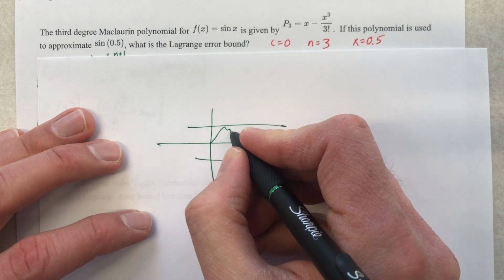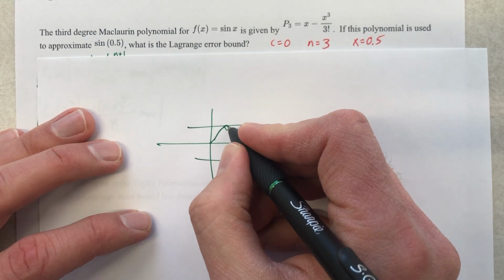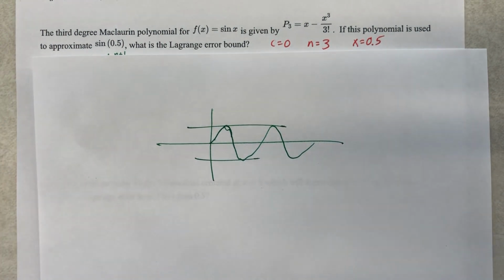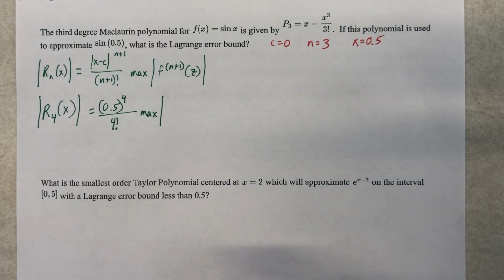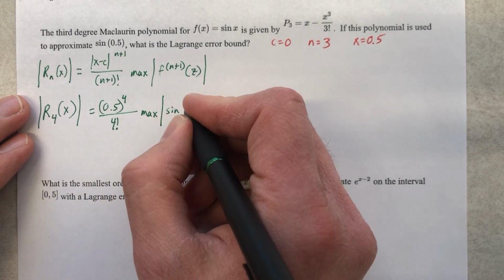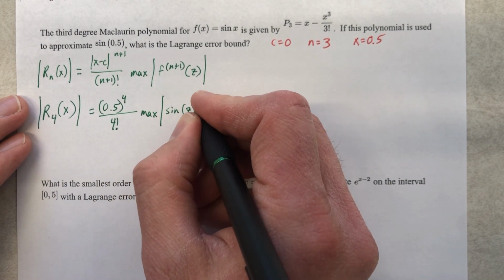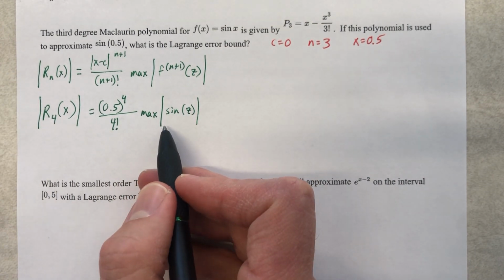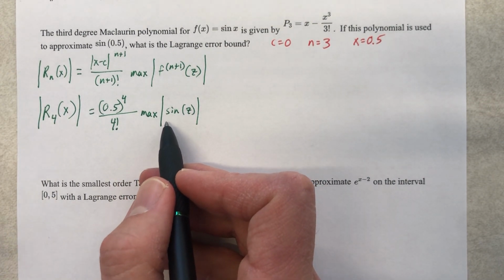Trig graphs are stuck between 1 and negative 1. Just standard trig graphs. So the most you'll ever get out of this sine of z is 1. That's it. And if it was cosine, it'd be the same thing. If it was negative cosine or negative sine, it'd be the same thing.